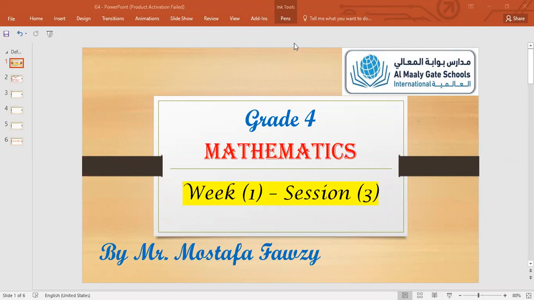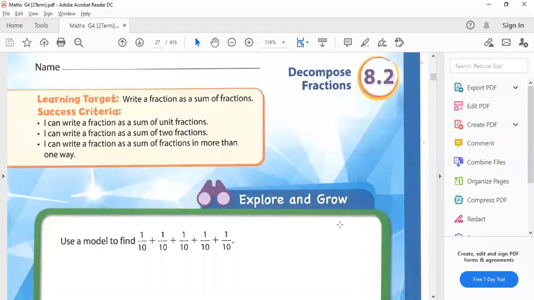Okay, let's start our session today. Today will be the third session for us in the second term. Today's lesson, we will continue our discussion of our chapter. Yesterday we were talking about fractions, so today we will continue discussing fractions.